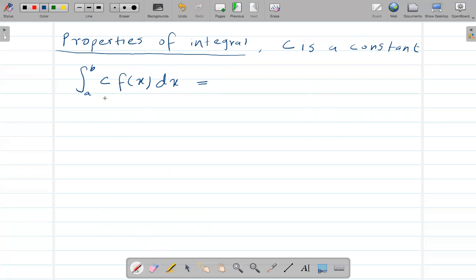Now in this case, this constant will just come out. So c, and just multiply this c to whatever value you get from this integration. All right, that's one property.